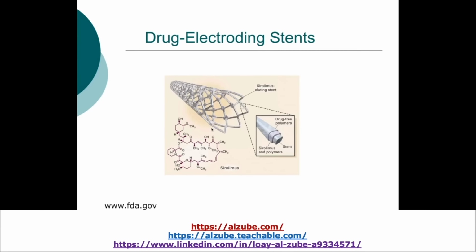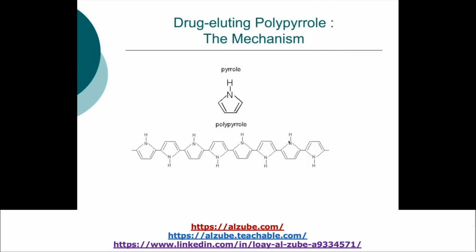So what we have are drug-eluting electrode stents. An eluting stent is releasing a material that is stopping the immune system or the buildup of the foreign body reaction. You have polymers, and then you have drug-free polymers, and you have the stent. So these are important ways to create electrodes that secrete materials when they dissolve, or just secrete materials, they don't have to dissolve, that will enhance biocompatibility and prevent foreign body reaction.